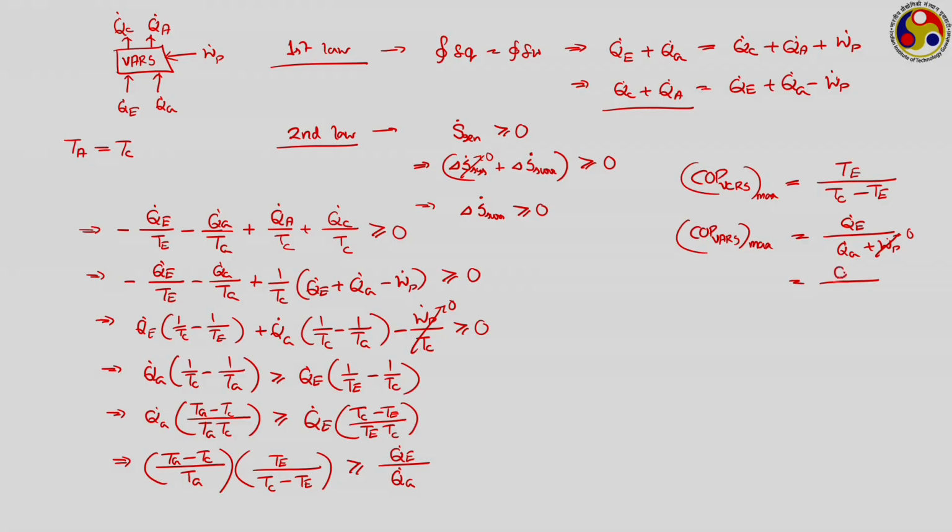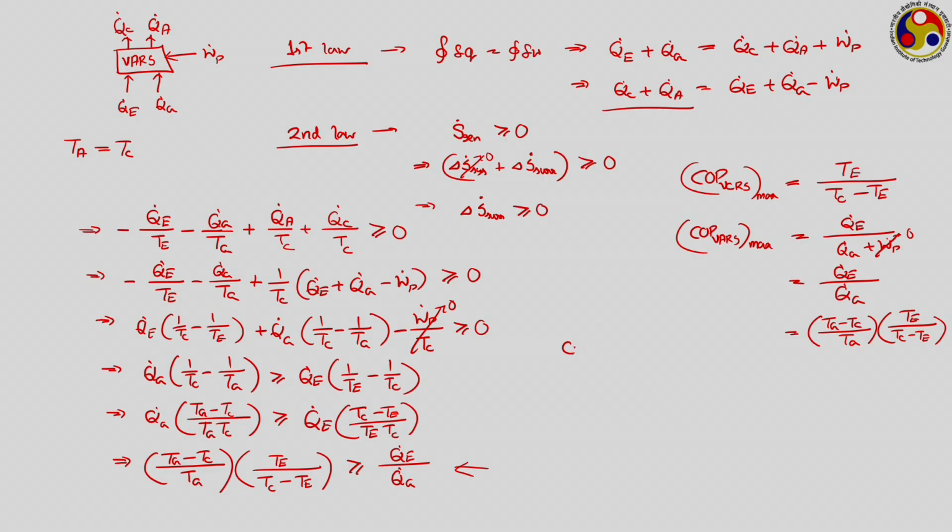So, it is Q dot E upon Q dot G, that is the COP always, and when we are talking about the maximum COP, then delta S surrounding will be equal to 0, and then picking up from there we can say that this will be equal to Tg minus Tc upon Tg into Te upon Tc minus Te.